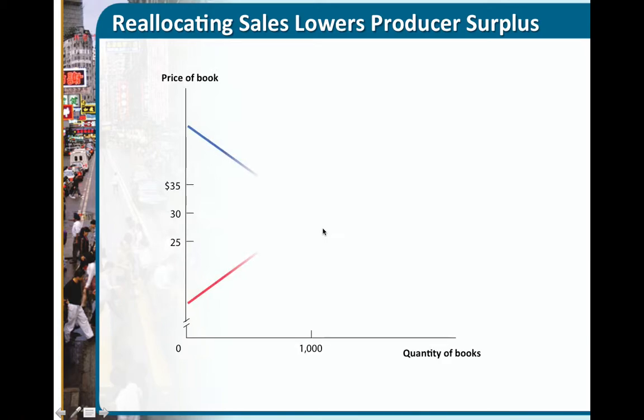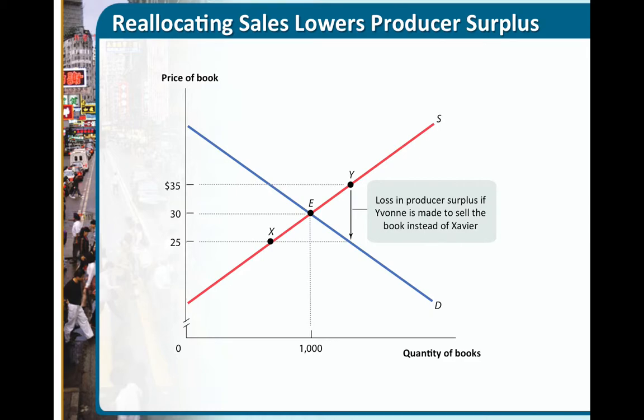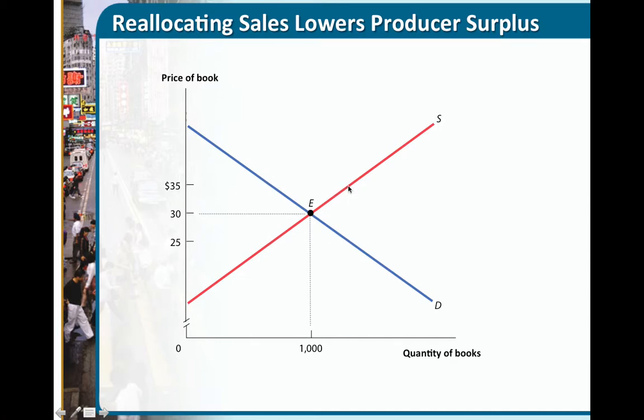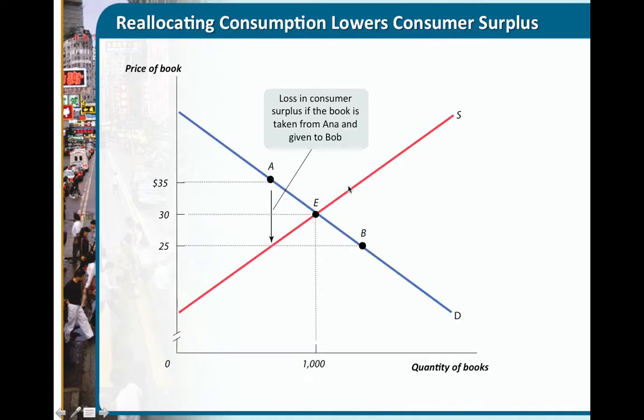If you tried to reallocate sales, there would be a loss in producer surplus. If Yvonne, who didn't want to sell the book at $30, was forced to sell the book. It's kind of go back, if you reallocate consumption, someone was forced to buy the book at a price that they didn't want to.